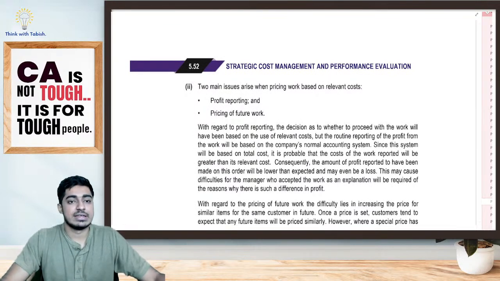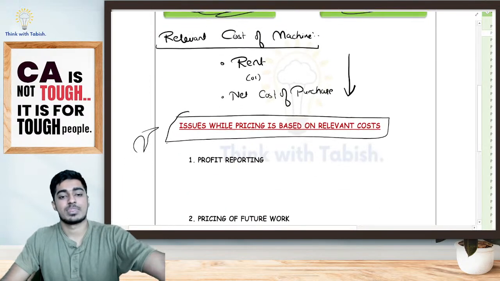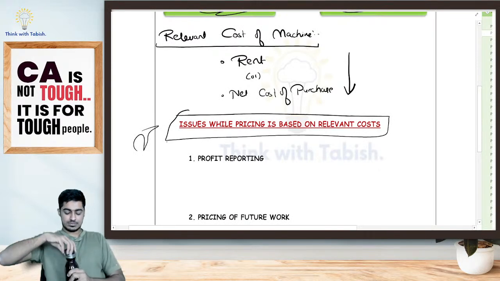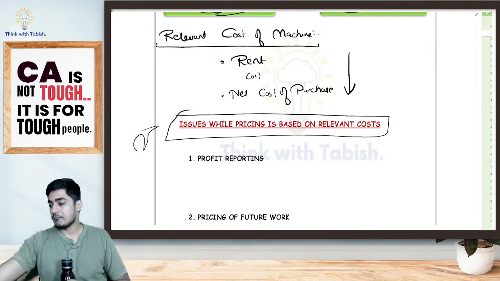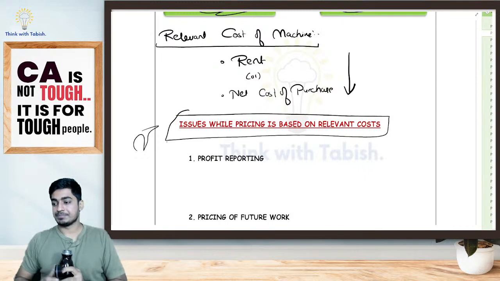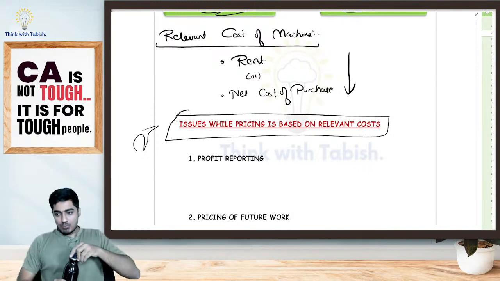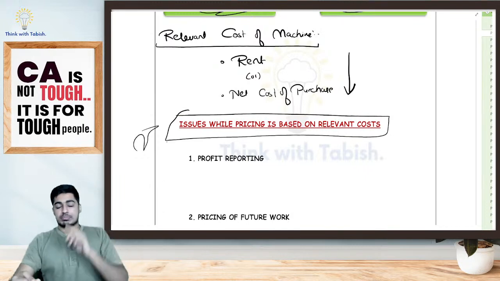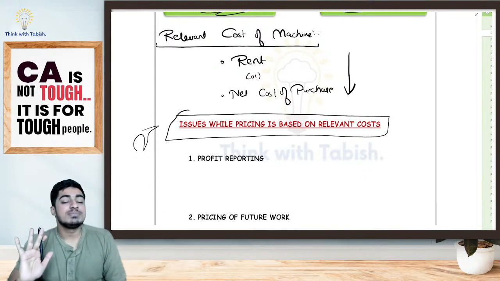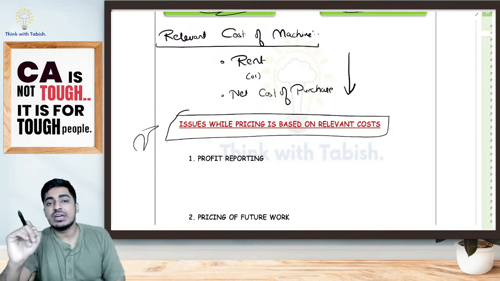For that, just go to our concept notes. What the concept is telling is, whenever we are taking a decision, it should be based on relevant cost.